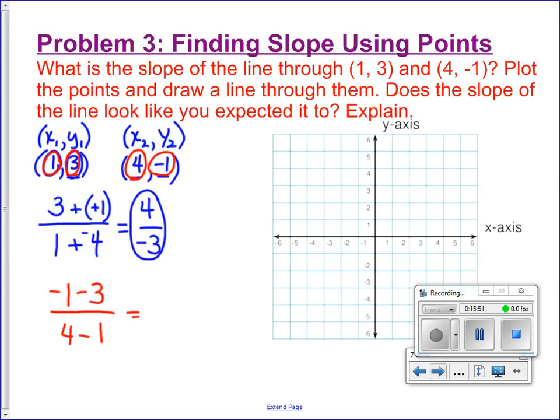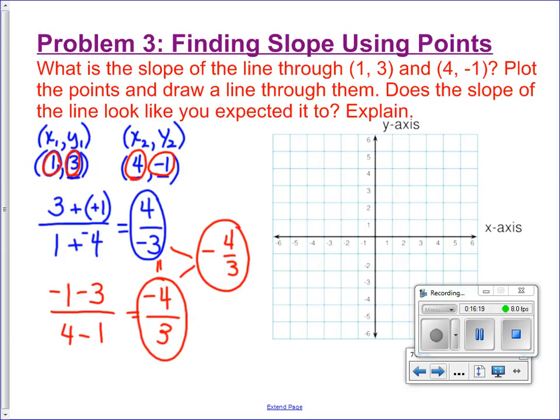All right, negative 1 minus 3 is negative 4. 4 minus 1 is 3. And these two amounts are equal. All right, whether I put 4 over negative 3 or negative 4 over positive 3, they are both equal to negative 4/3, which is my slope.